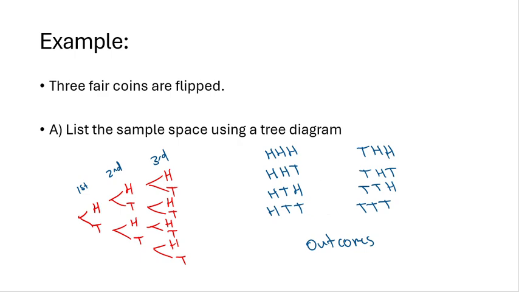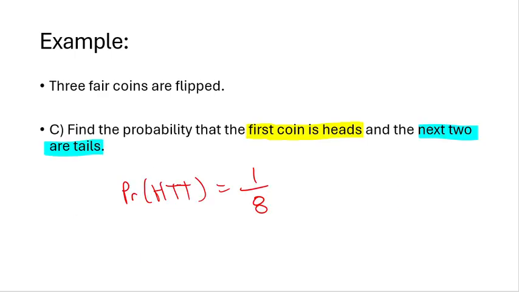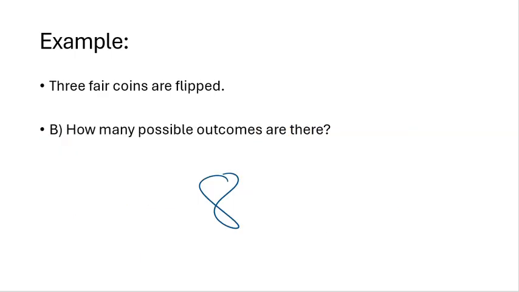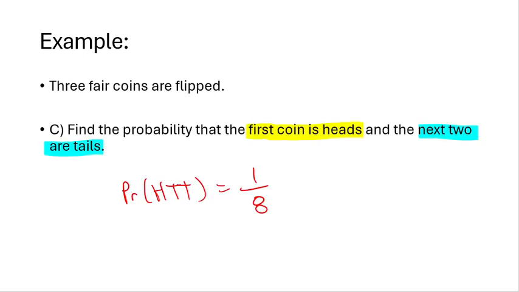So there's one of them, and I put it over the total number of outcomes, 1 over 8. As you can see, I wrote it in brackets as well: probability, bracket, HTT. That's all you need to write. You don't need to write the whole sentence. Just some brief description is enough to satisfy what the question's asking. And then you write it as your fraction, okay?